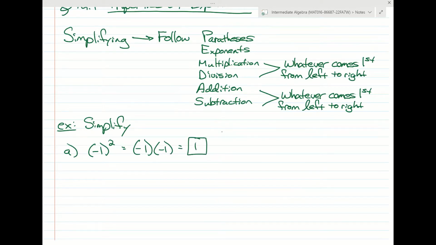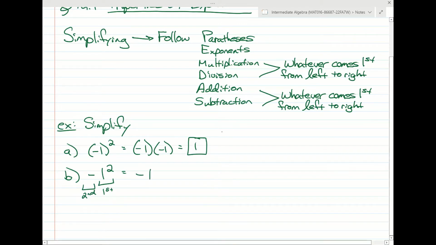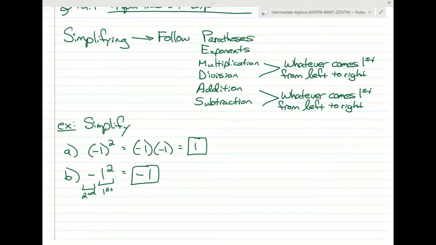That would be the answer. That's totally different than if I asked you to do -1 squared. What this means is that you square 1 and then you multiply it by -1 second. So this would just be -1. Obviously, those are two different answers. You have to be careful when you're doing it.